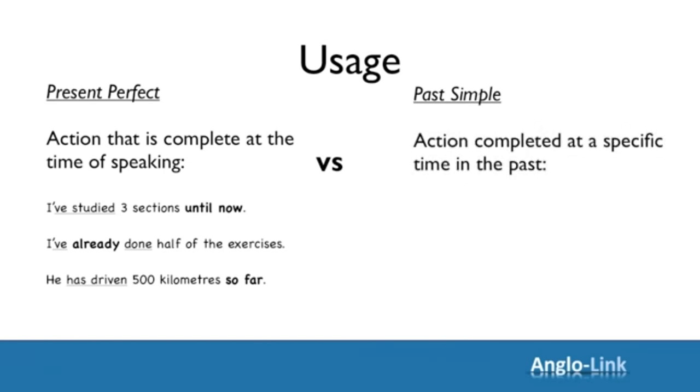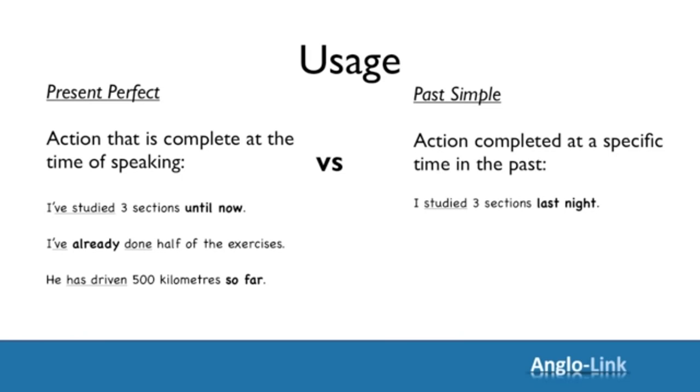Let's look at the examples. First example, I've studied 3 sections until now. The action is complete, but we don't know when. If we add the when element, if we specify the time in the past, the tense changes to past simple. Let's watch the change. I studied 3 sections last night. Let's look at the second example. I've already done half of the exercises.